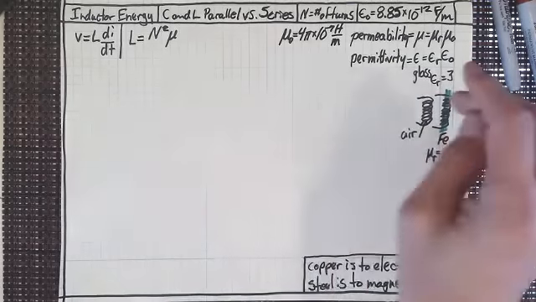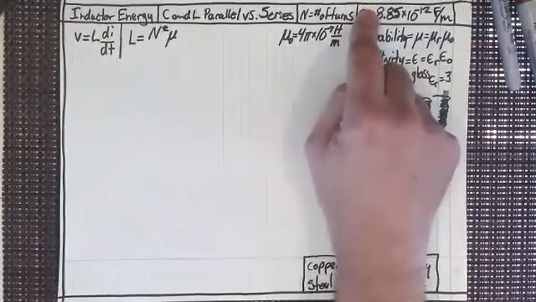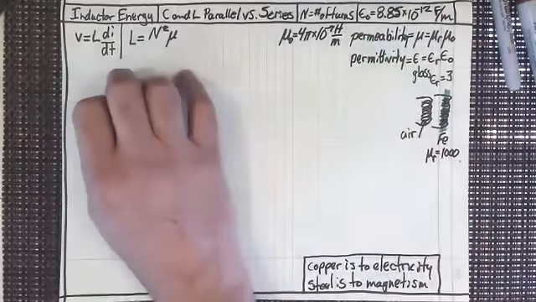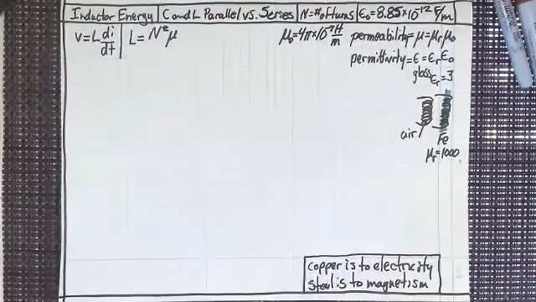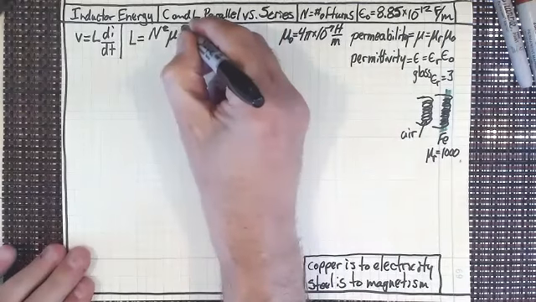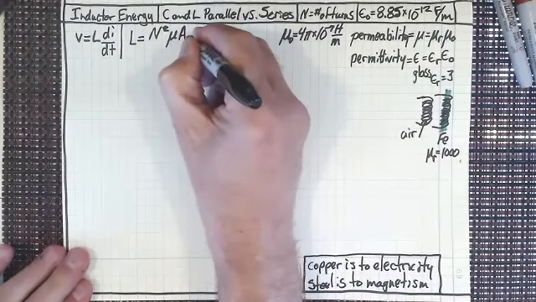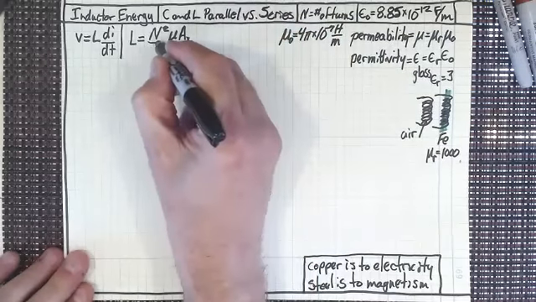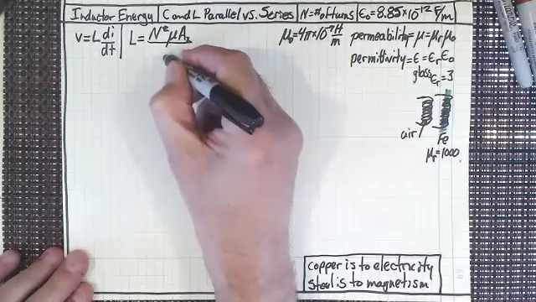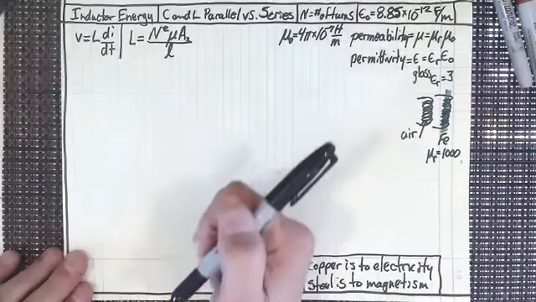Farads are capacitance, but farads are to electric fields what henries are to magnetic fields. Okay, you know what I mean. So L equals n squared times mu times the cross-sectional area, divided by l. All right.